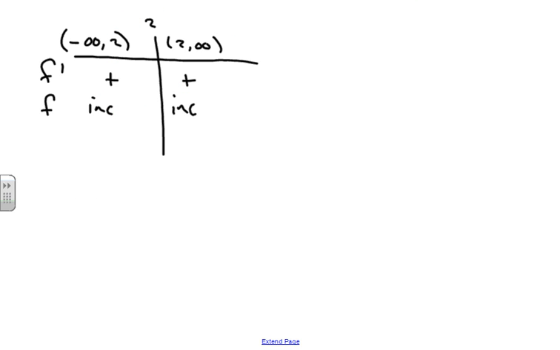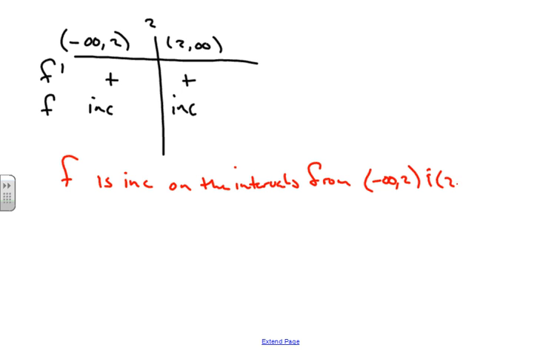But what we found is that f, and this is how we're going to justify our answer, f is increasing on the intervals from negative infinity to 2 and 2 to infinity, because what do we find? Because f prime, its derivative, is positive on both of those intervals.